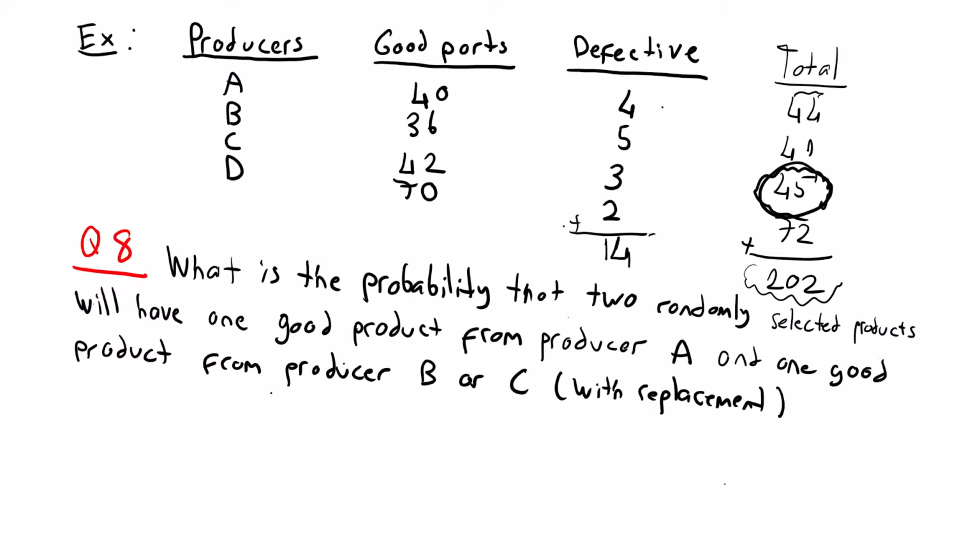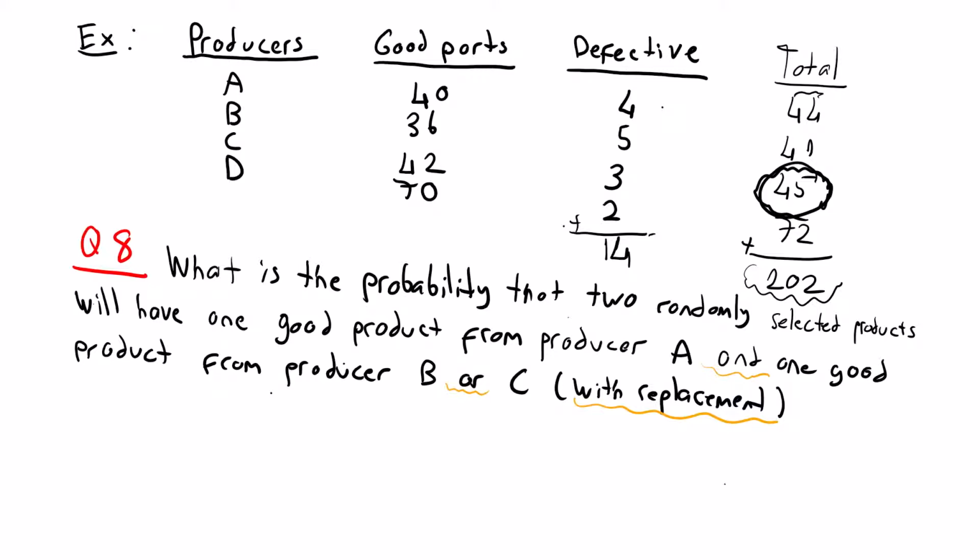Okay, so let's read the question. What is the probability that two randomly selected products will have one good product from producer A and one good product from producer B or C? So there are a few keywords here. The first keyword is with replacement, and the second keyword is the AND term, and the other keyword is the OR term. So we're using AND/OR together in the same question.